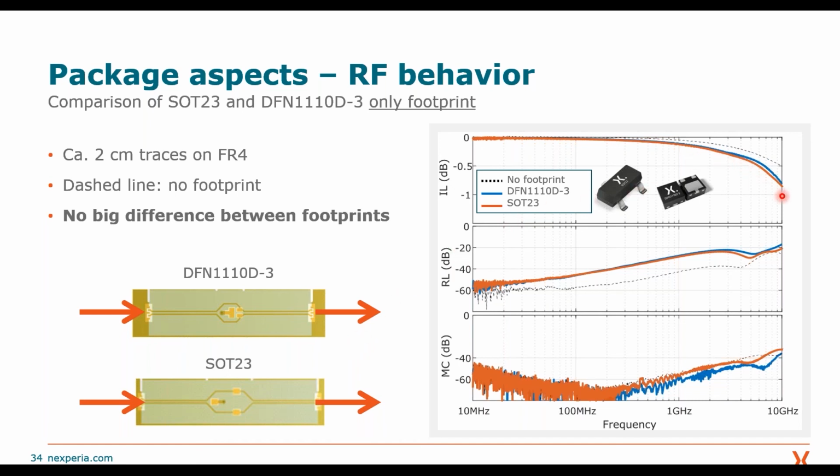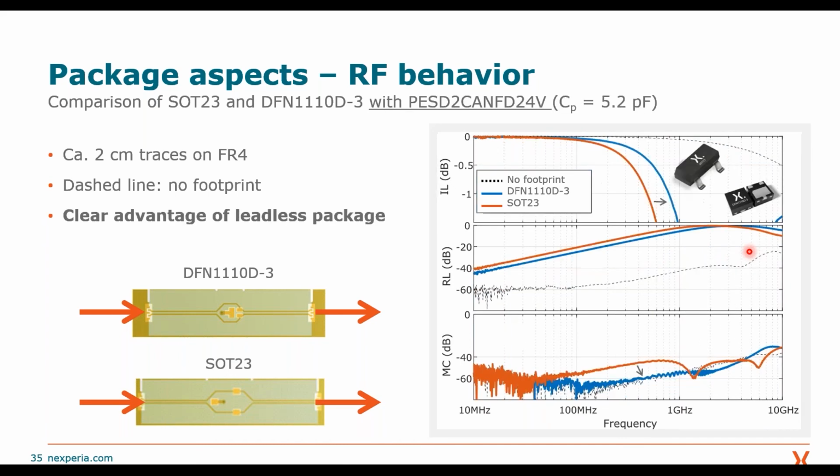We did the measurements up to 10 gigahertz just to show you a real difference. You see a small difference at very high frequencies, 4 or 5 gigahertz. In comparison, there's only a differential line shown dashed. And what you see, if you place only the pads, only the footprint, not the device, is that the difference is not really high. So it's not really important.